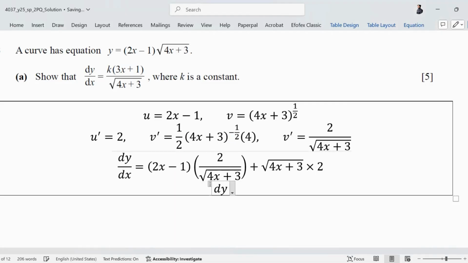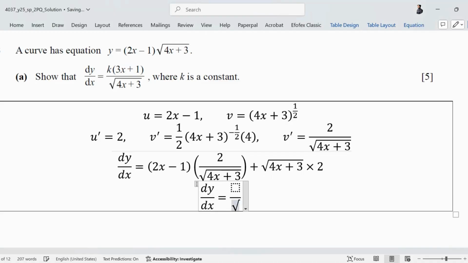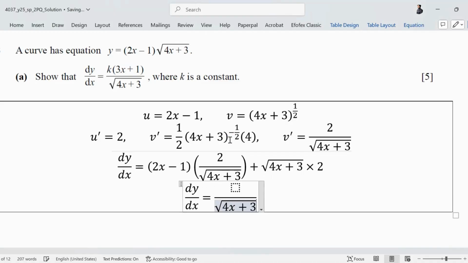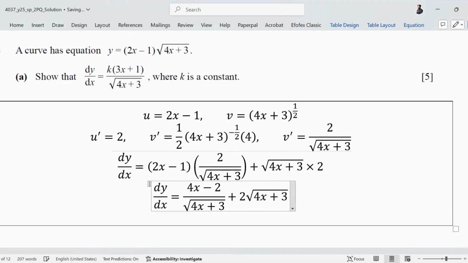So now I'll be simplifying it. Square root of 4x plus 3 is the denominator, and the numerator is 2x minus 1 multiplied by 2, that will make it 4x minus 2, plus 2 square root of 4x plus 3.